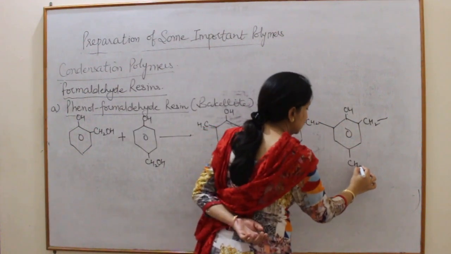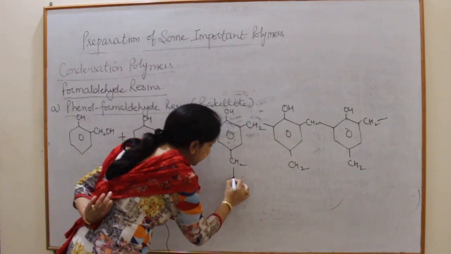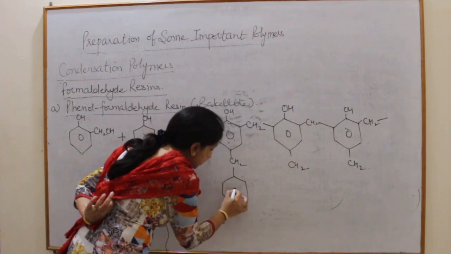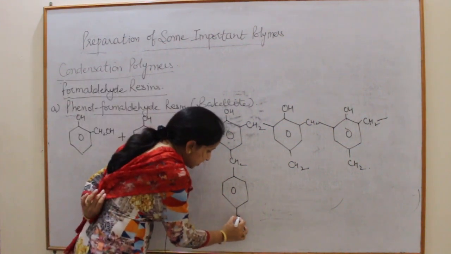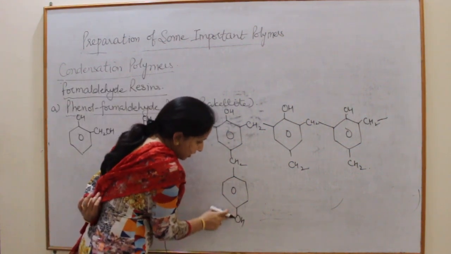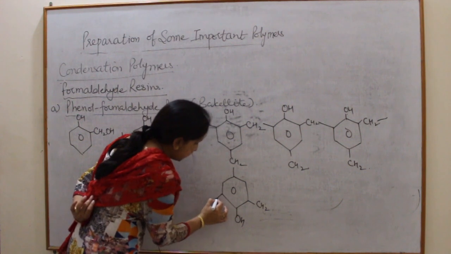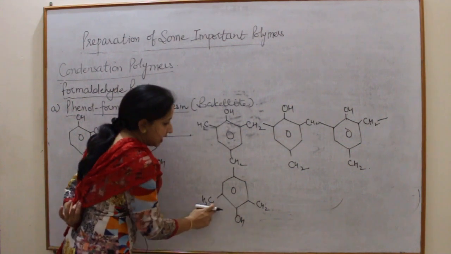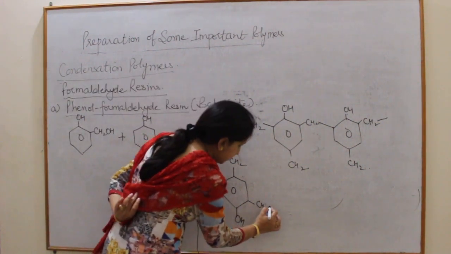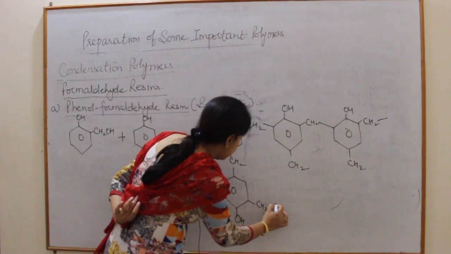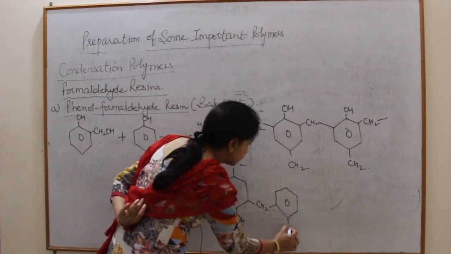And here again CH2. This CH2 is further linked with the second type of monomer, again containing OH at para and CH2 with respect to OH at the ortho position. So this will again combine with the carbon of the second ring like this.